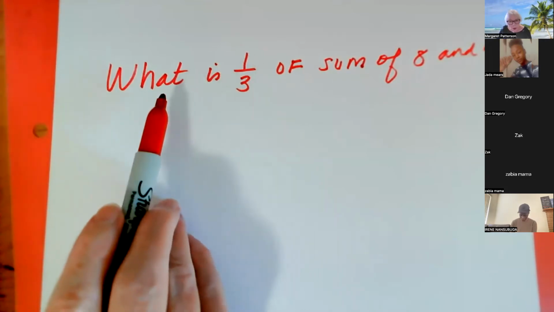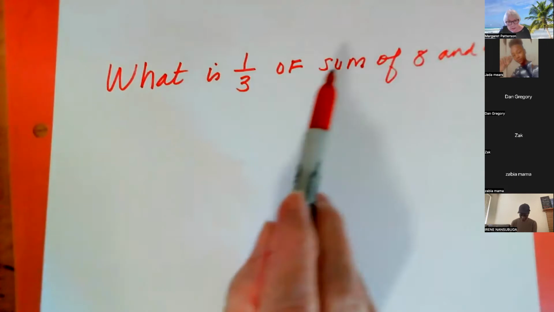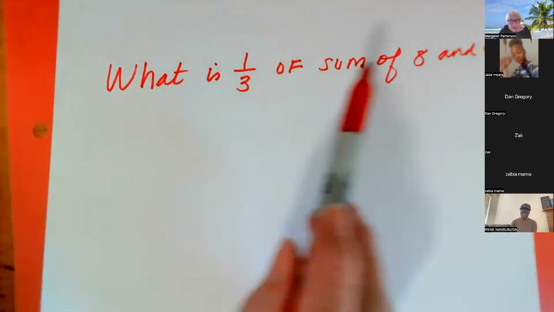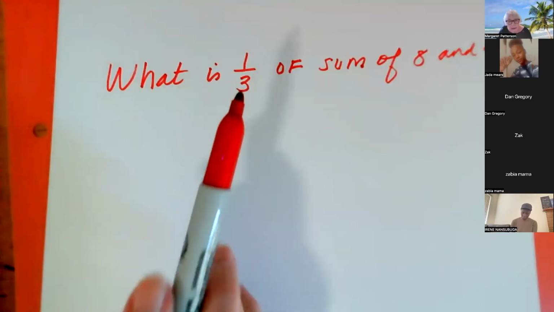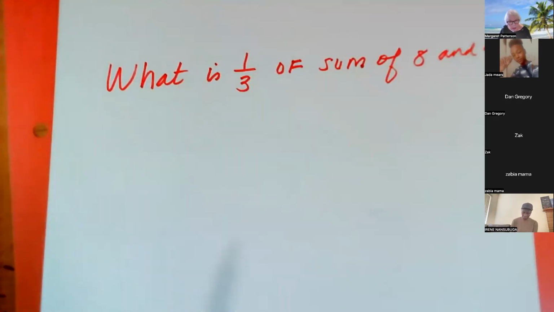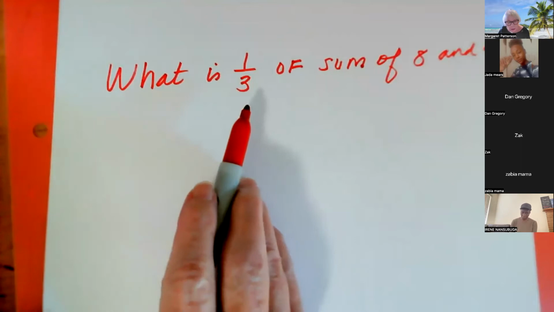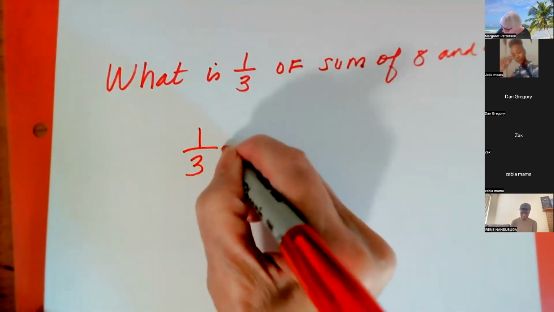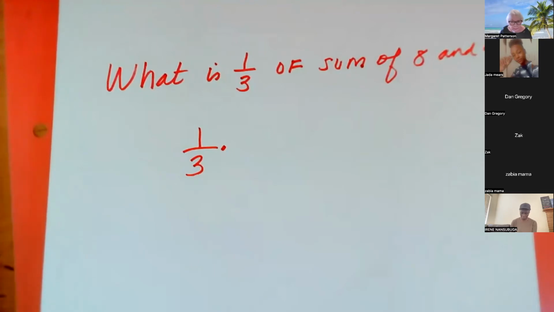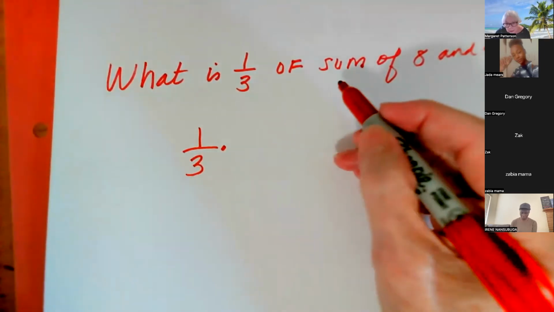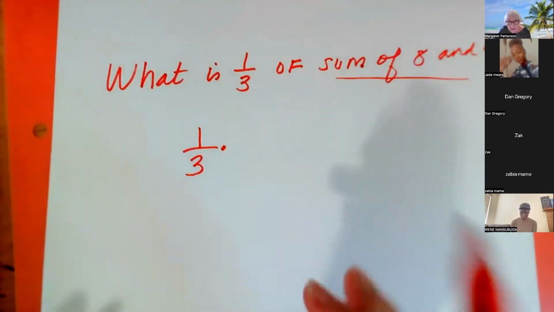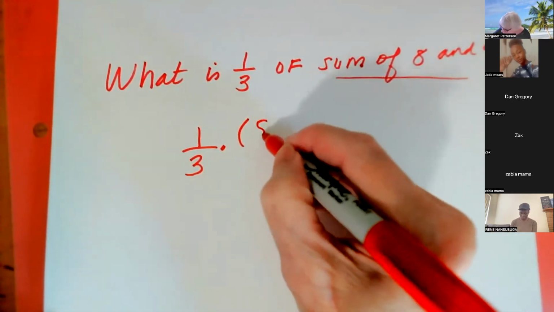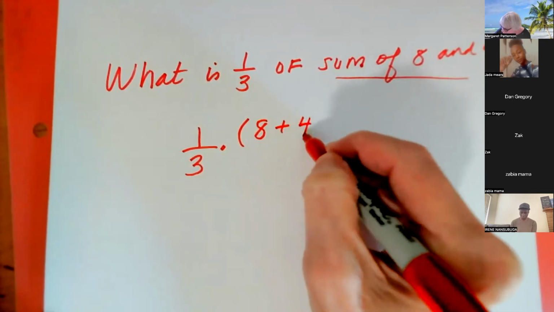What I've been saying all along is when there's multiple things going, there's a third of something, there's a sum, and so on, what they say first dominates the whole thing. So we're doing a third of something. So 1/3 times something. What's the something? It's this part here. It's the sum. And so I'm going to say the sum of 8 and 4.